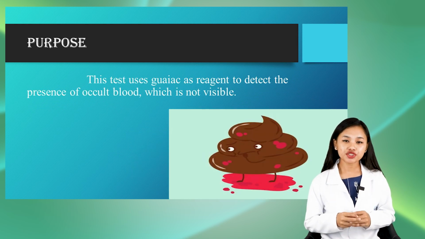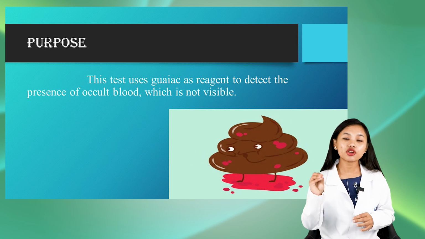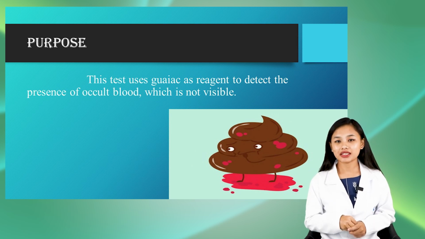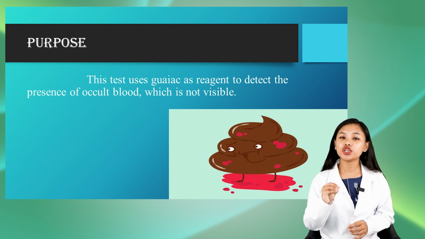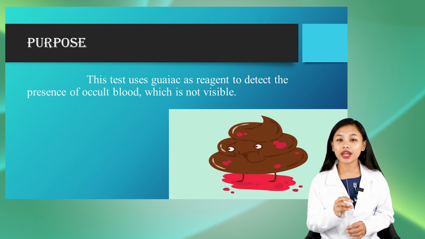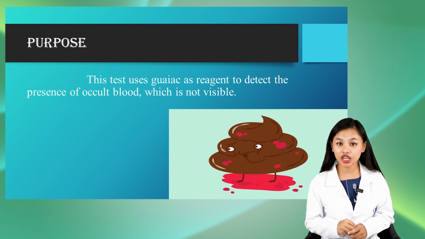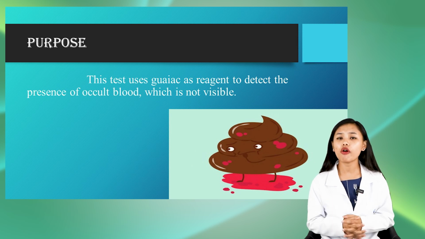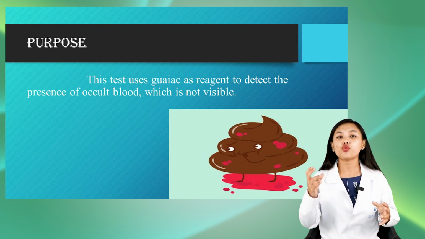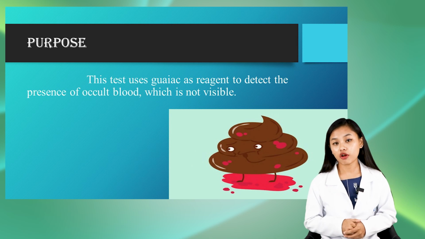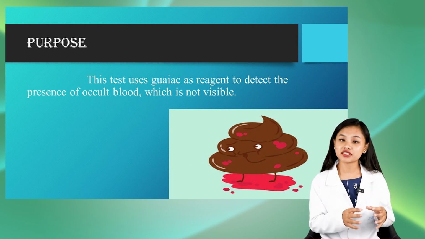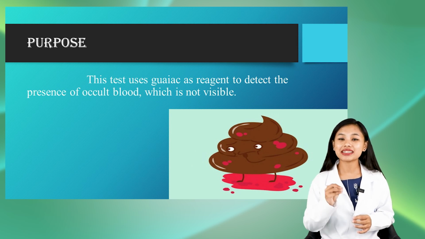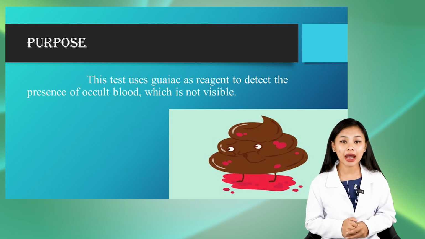The main purpose of choosing the guaiac fecal occult blood test is that here we use guaiac, which is a reagent, to detect the presence of occult blood which may come from any non-specific source, or in which the signs and symptoms may be absent.